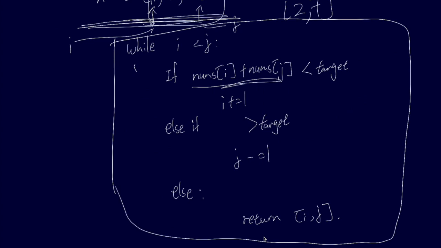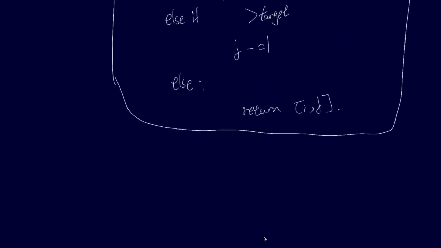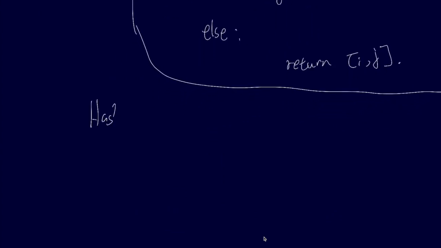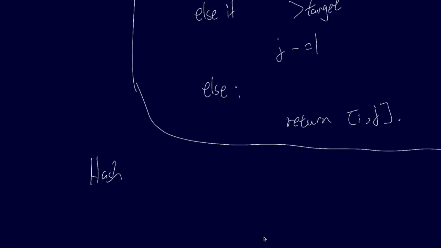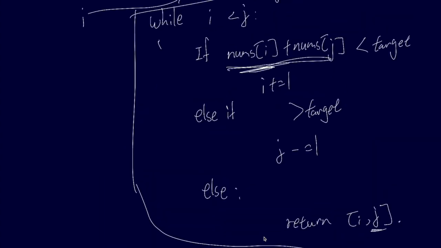So in the real implementation, we have to store both index and value, because once the array is sorted, the ordering is messed up, right?